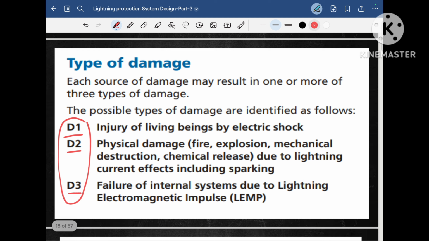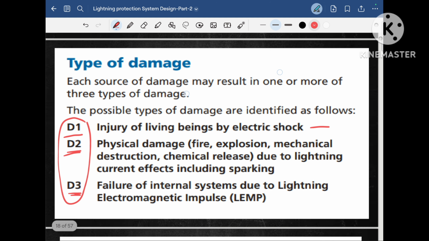What are these? D1 means injury of living beings by electric shock. D2 is physical damage: fire, explosion, mechanical destruction, chemical release due to lightning current effect during sparking. And D3 is failure of internal systems due to the lightning electromagnetic impulse.